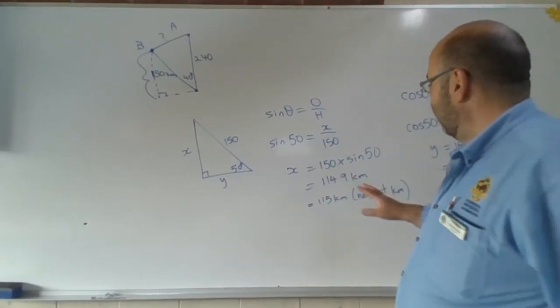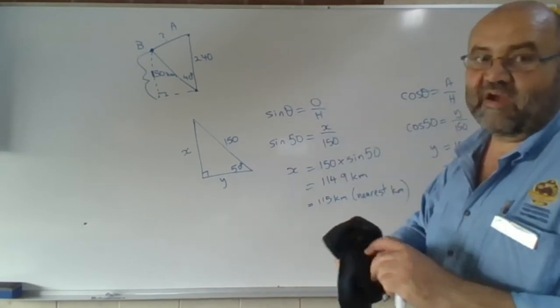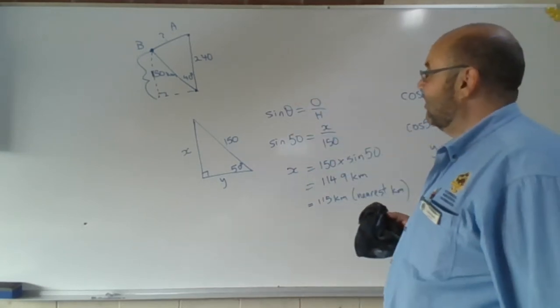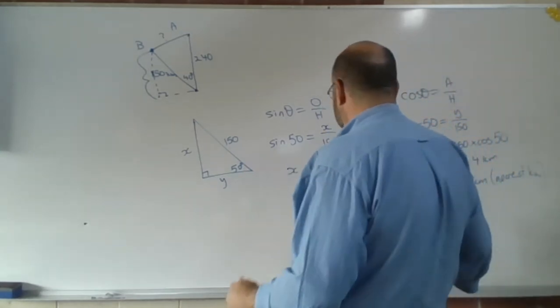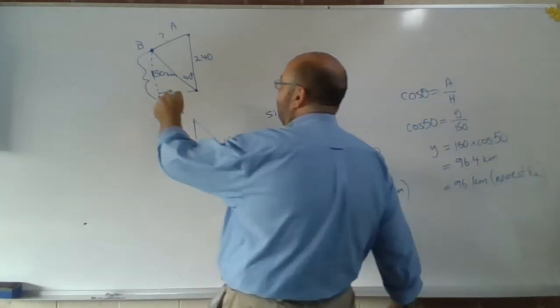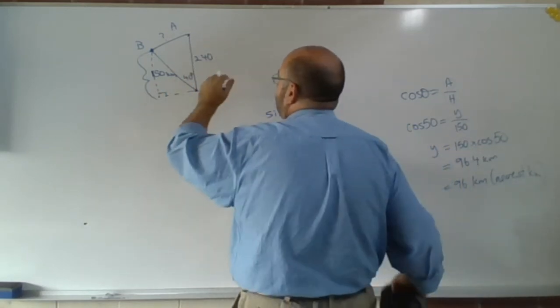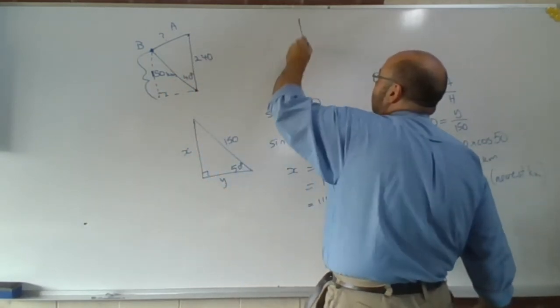Let's think about what we've got and piece together our answers from here into our current problem, and that'll show us what it is we need to do. Okay. So we know that this distance here is 115 kilometres. Let me redraw this diagram a little bit clearer.